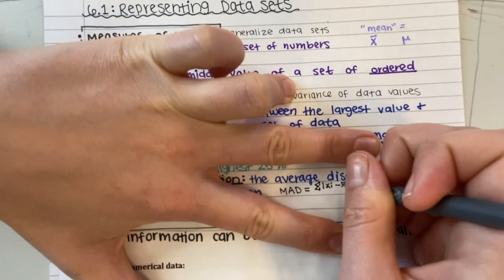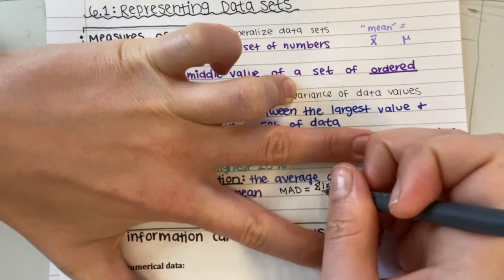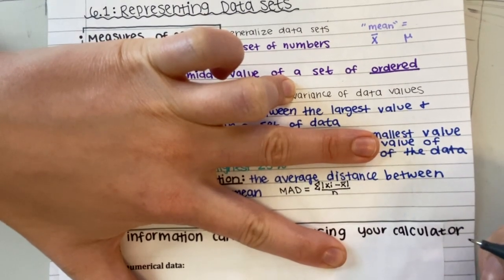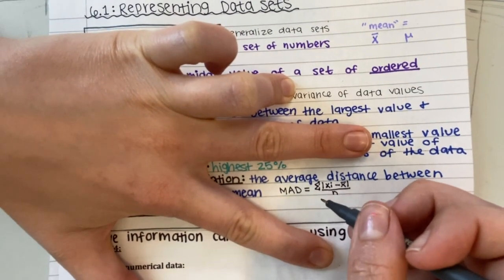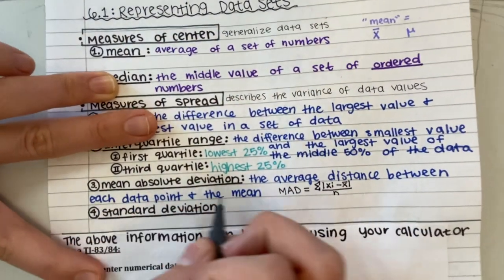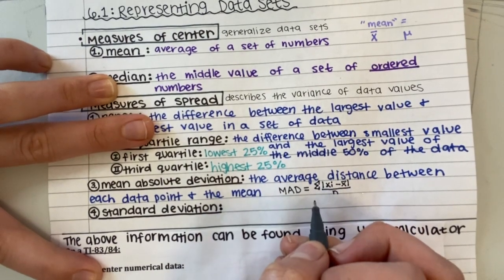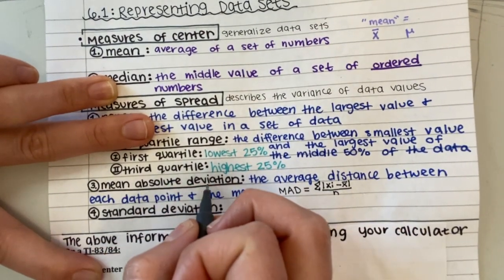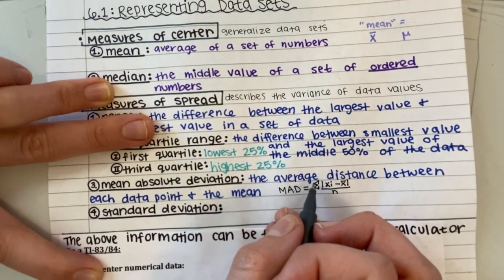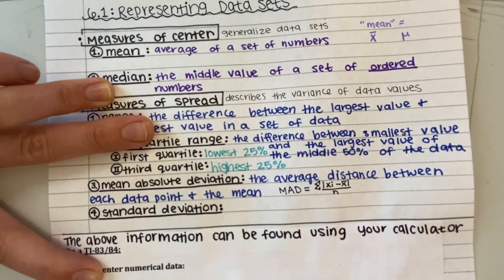I'm going to use the little X with the line on the top like we talked about before, divided by the total number of data points. This is just the mathematical way of saying this definition. So don't let this formula scare you, because all this is saying is that the mean absolute deviation is just the average number of the distance between each data point and the mean.